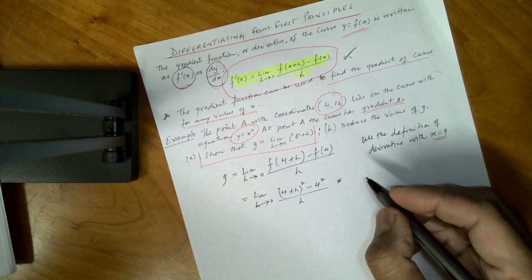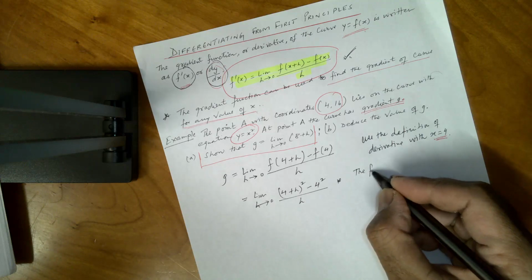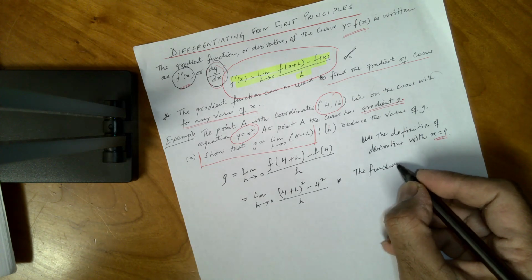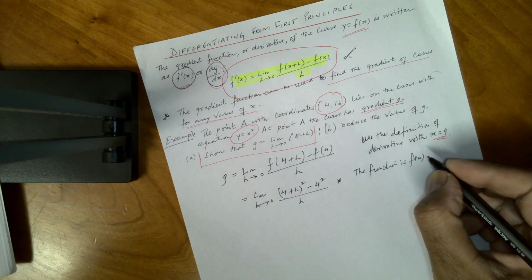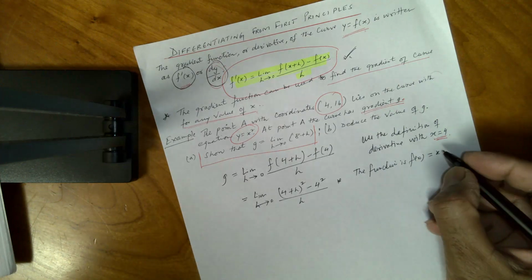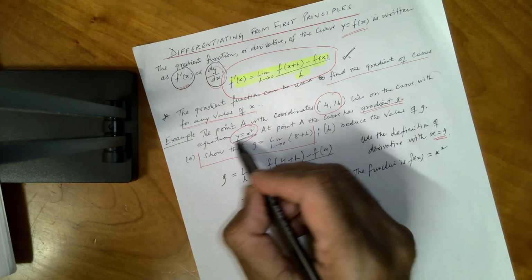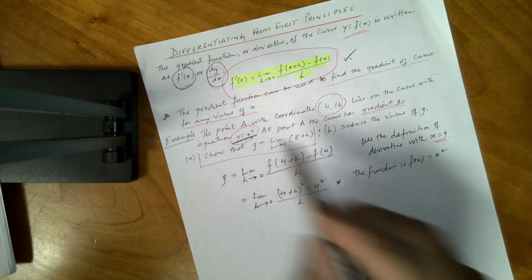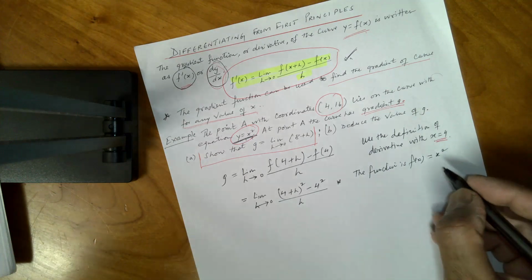So we write down here the function is f(x) equal to x squared. It says the point lies on the curve with the equation y equal to x squared, so the function is f(x) equal to x squared.